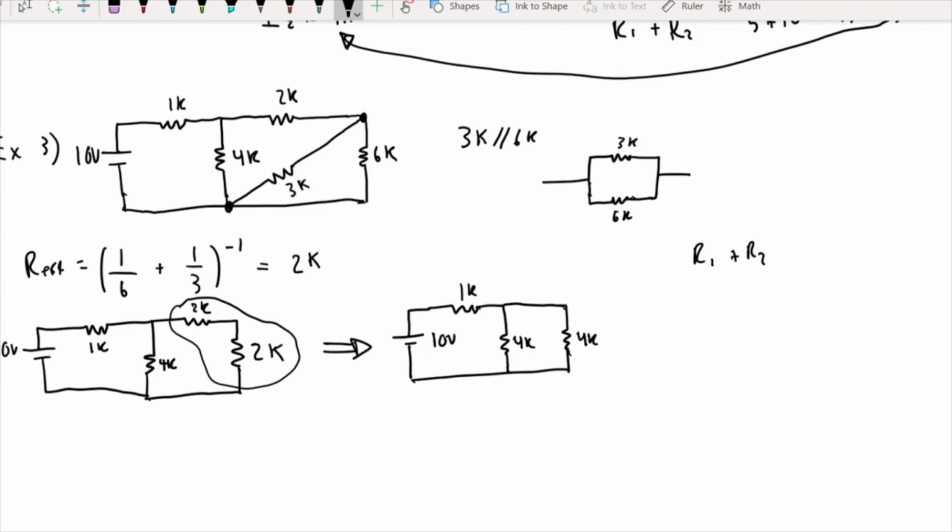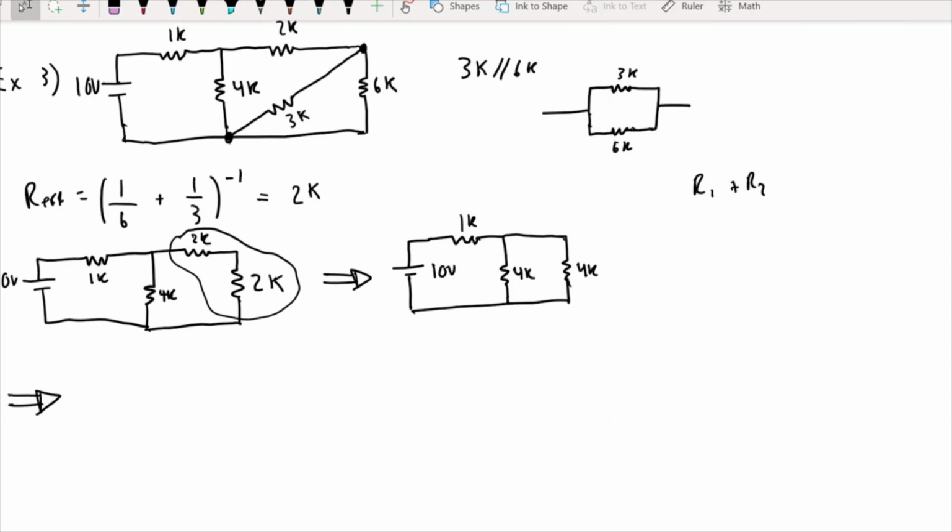Okay, well now that we have this, we see that these two 4K resistors are in parallel. This looks exactly like the parallel circuits we had above this section right here. So we know that there's a current split and they're sharing the current. So how do we calculate the R effective?